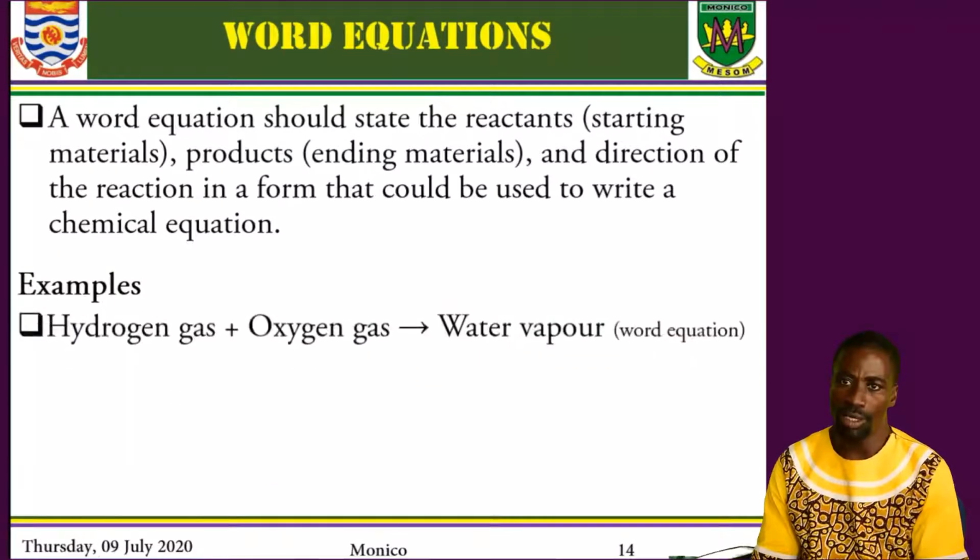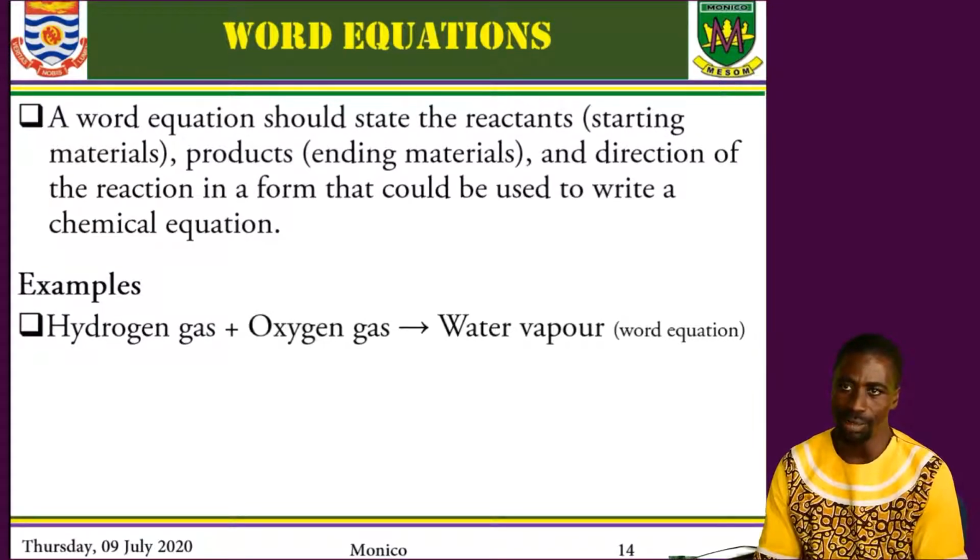Good. So as an example, if I have hydrogen gas plus oxygen gas, this is giving me what? Water vapor. This is a complete word equation. And you could see the direction of the arrow pointing to water vapor. So in this case, hydrogen gas and oxygen gas are the starting materials, and the water vapor becomes the ending material, right?